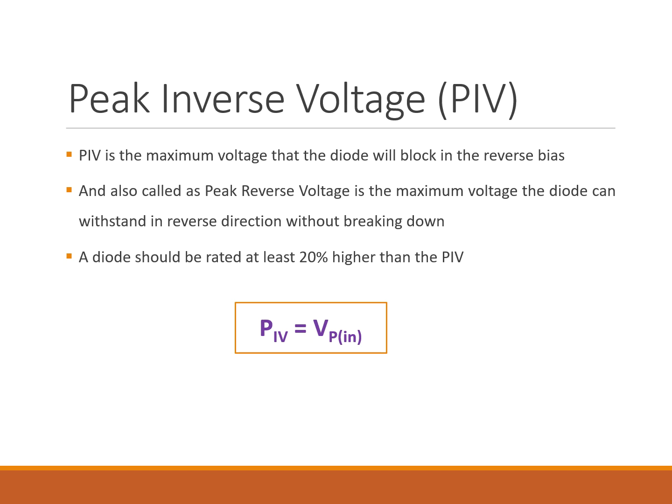A diode needs to be rated at least 20% higher than the peak inverse voltage. So for a 20 volt peak, we'd want a diode rated greater than or equal to 24 volts, right? Something a little bit higher than that peak in case you get some surges. It just buys you a little more safety, a little cushion, a little buffer.